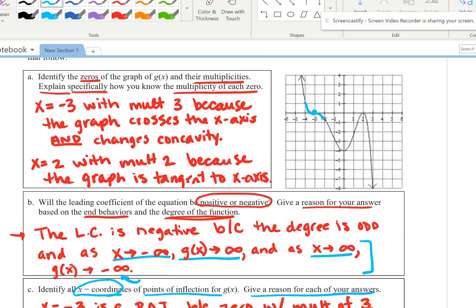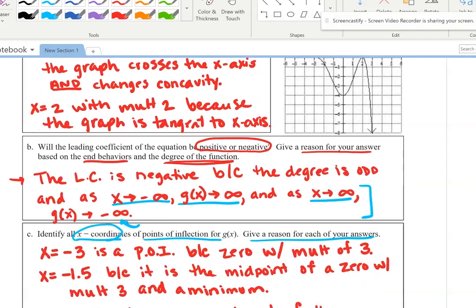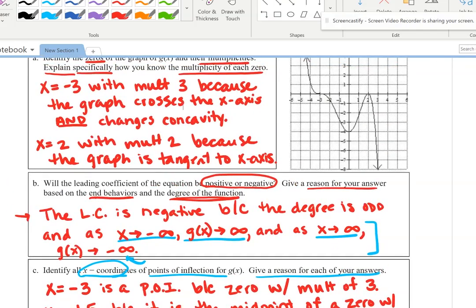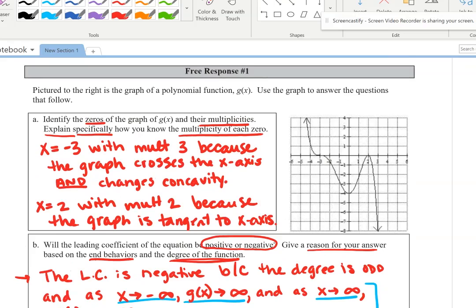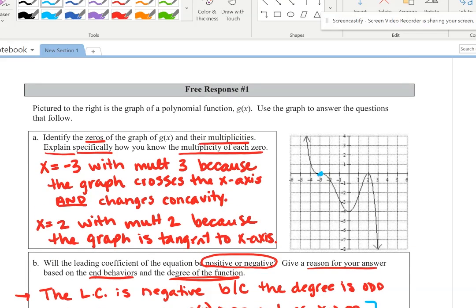We've already established that it was a multiplicity of 3 up in A because it changes concavity. So when you are justifying this, we know that -3 is a point of inflection because it's a 0 with multiplicity of 3.